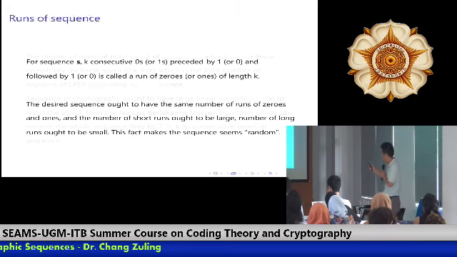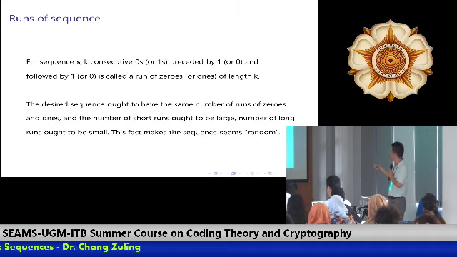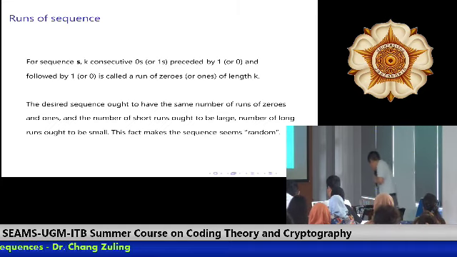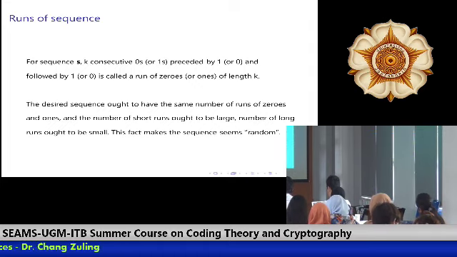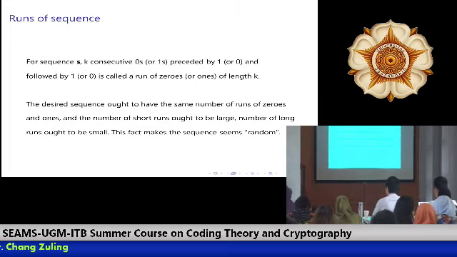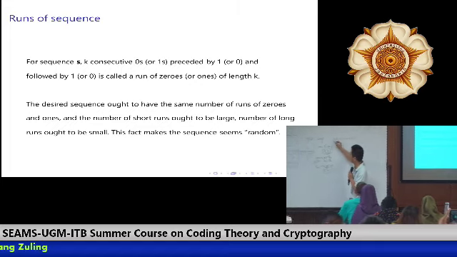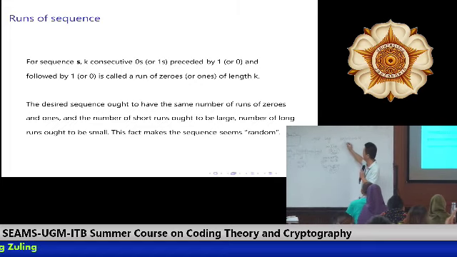Another measurement is runs. What are runs? We can take an example for this sequence. For this part, consecutive zeros preceded by a 1 and followed by a 1, this part will be a run.